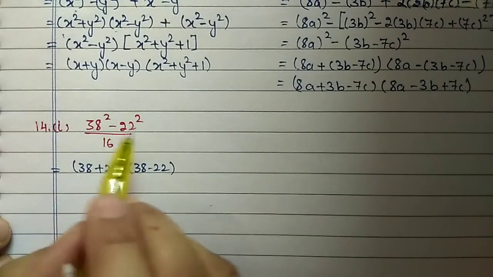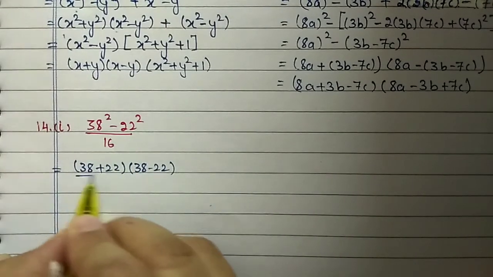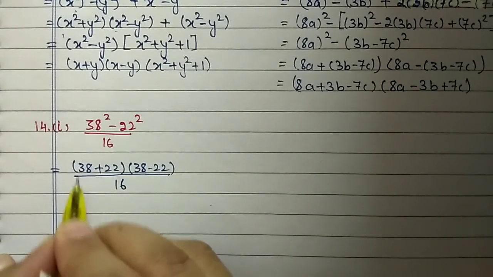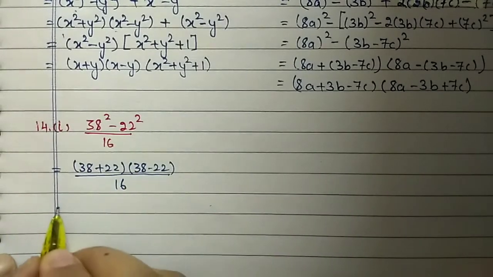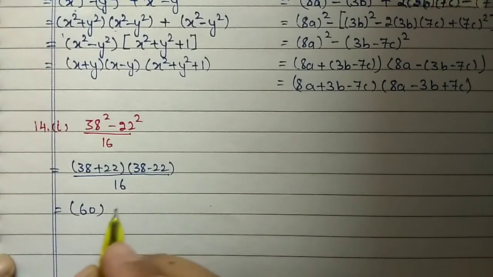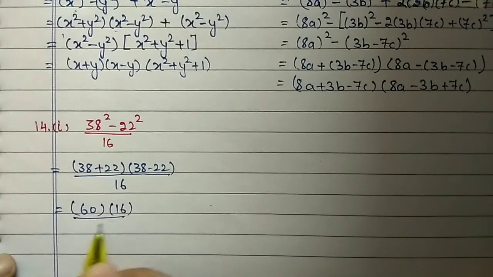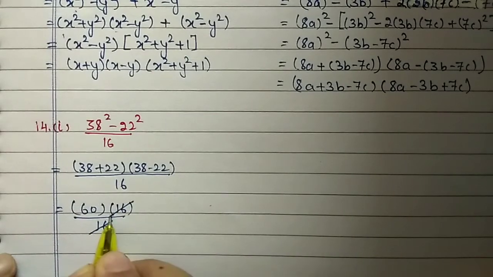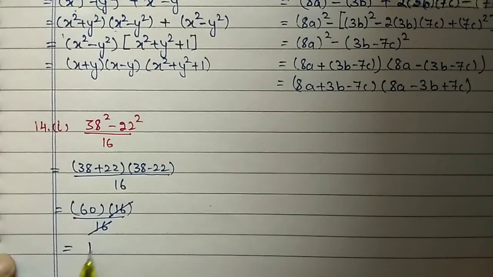This is in the place of a and this is in the place of b, divided by 16. 38 plus 22 is equal to 60, and 38 minus 22 is equal to 16, divided by 16. So this 16 we can cancel out. So the answer here is 60.